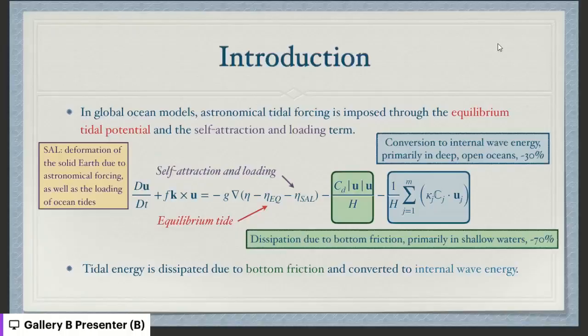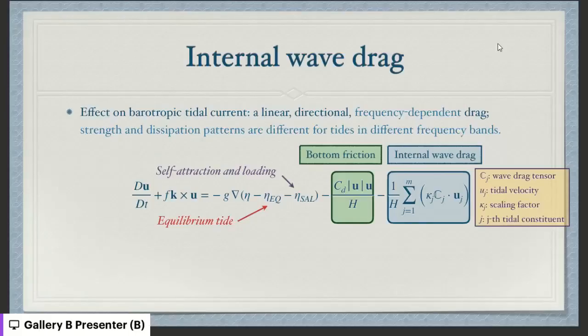The other 30% is converted to internal wave energy, primarily in the deep and open oceans due to internal wave generation. For those of you who work on coastal models, I'm sure you're very familiar with the bottom friction, but today I'm going to focus on this barotropic to baroclinic energy conversion in the deep ocean.